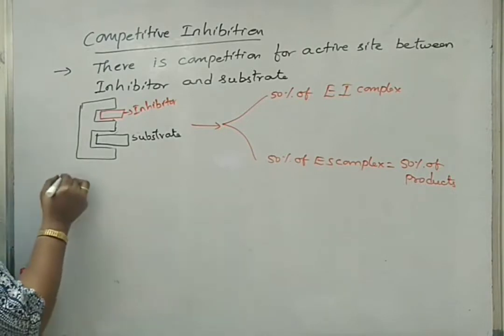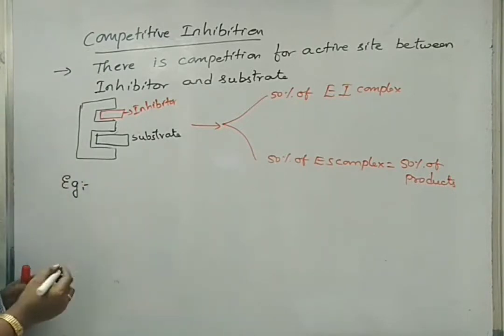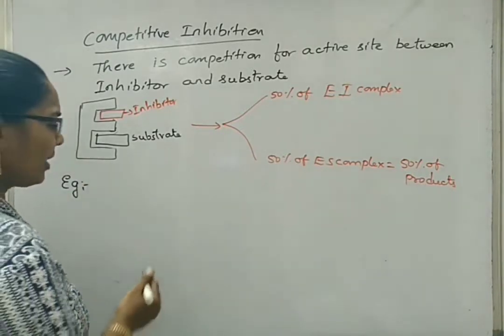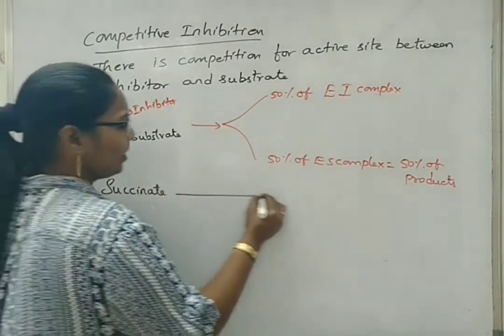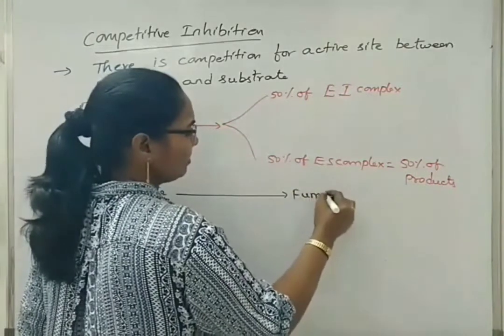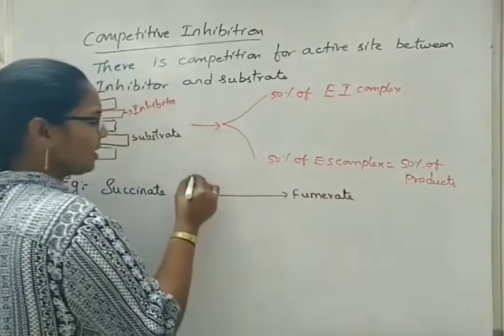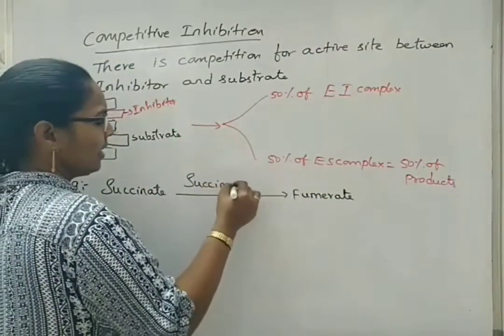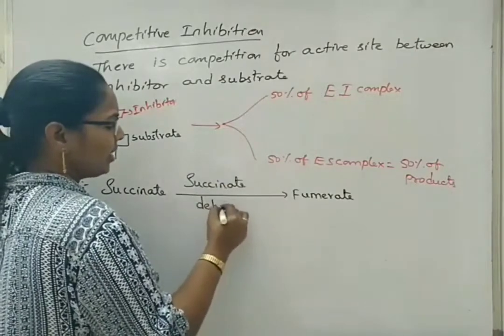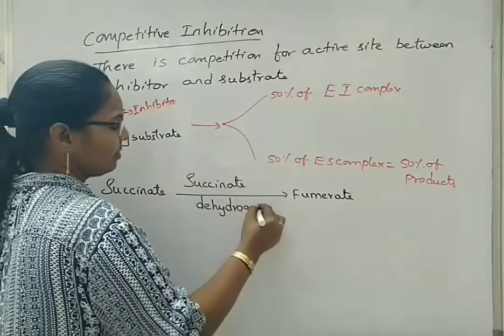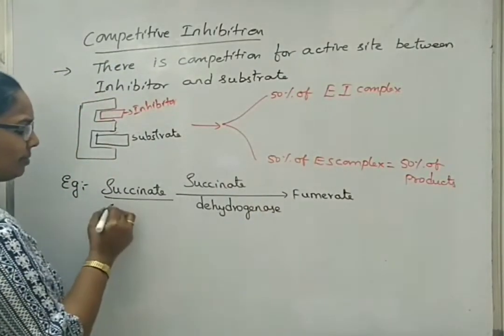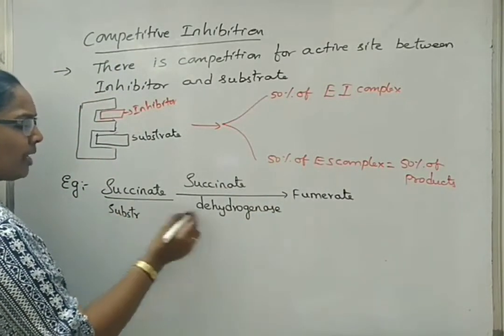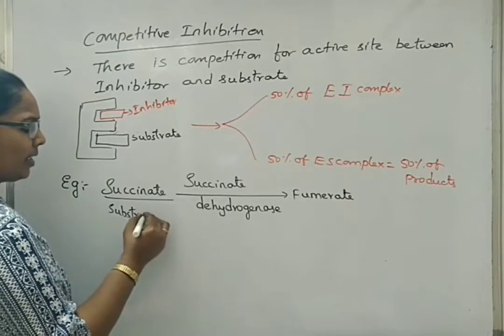Now, what examples can we take to explain? In Krebs cycle, in one step, we will see succinate getting converted into fumarate in presence of enzyme succinate dehydrogenase. Now, this is the substrate that has to bind to the active site of succinate dehydrogenase.